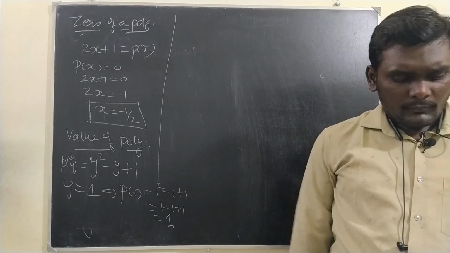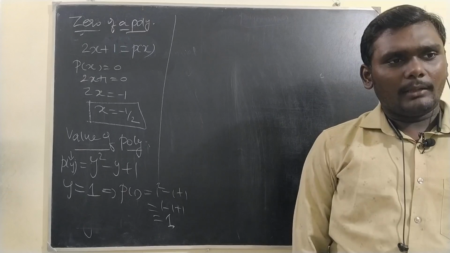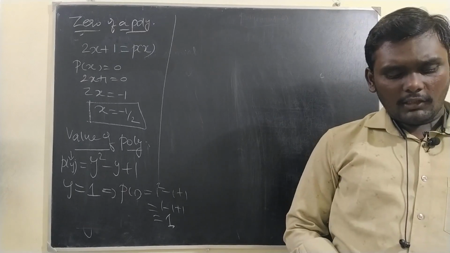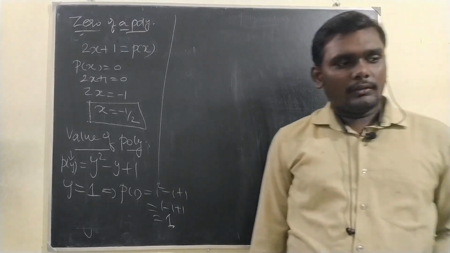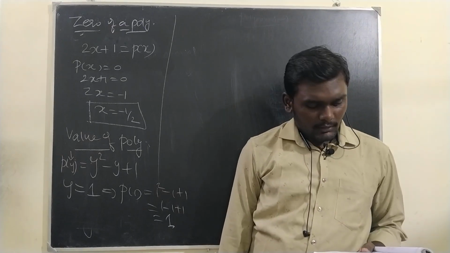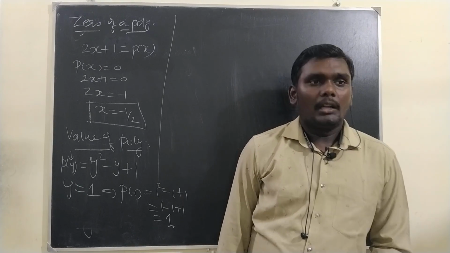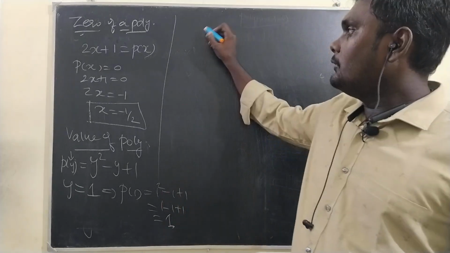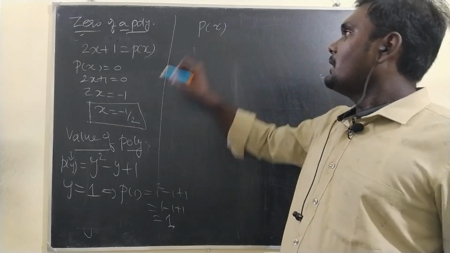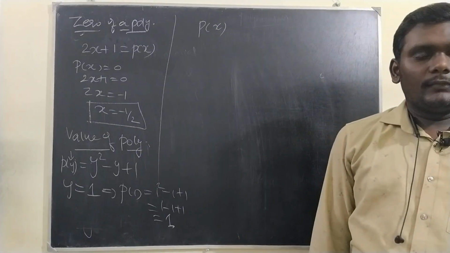No doubts, right? See, the first question: find the value of the polynomial 5x minus 4x square plus 3 at x equals 0. Meaning, we have to substitute x equals 0. But before that, we have to name it p of x, q of x, r of x, h of x, anything.